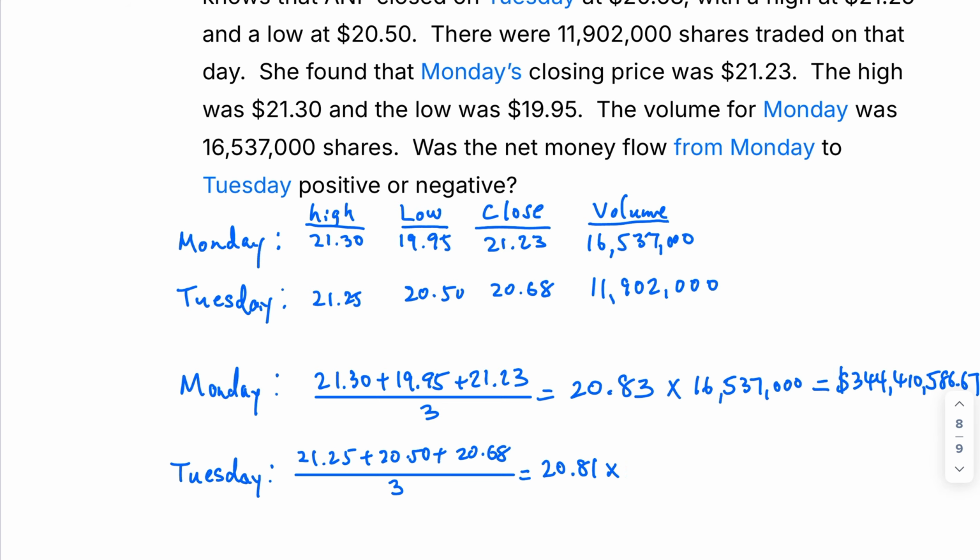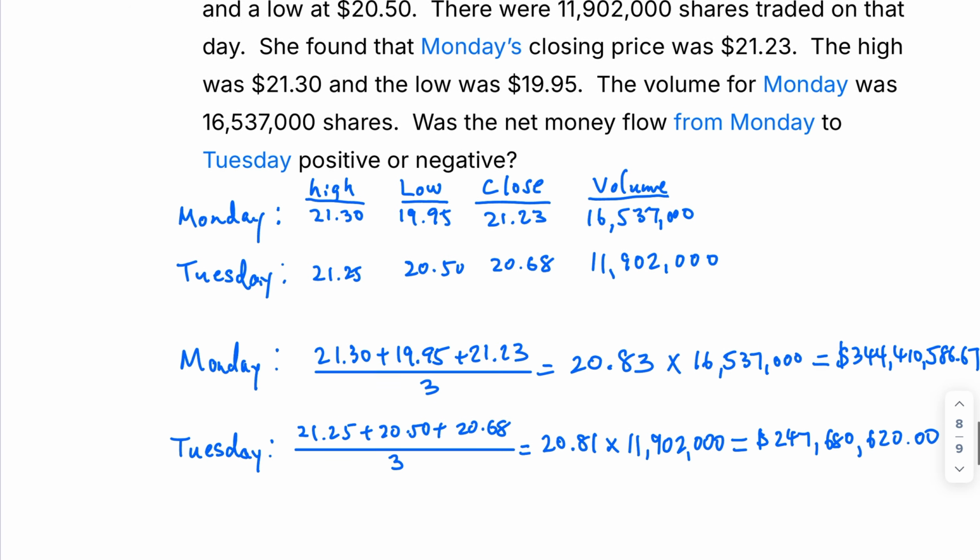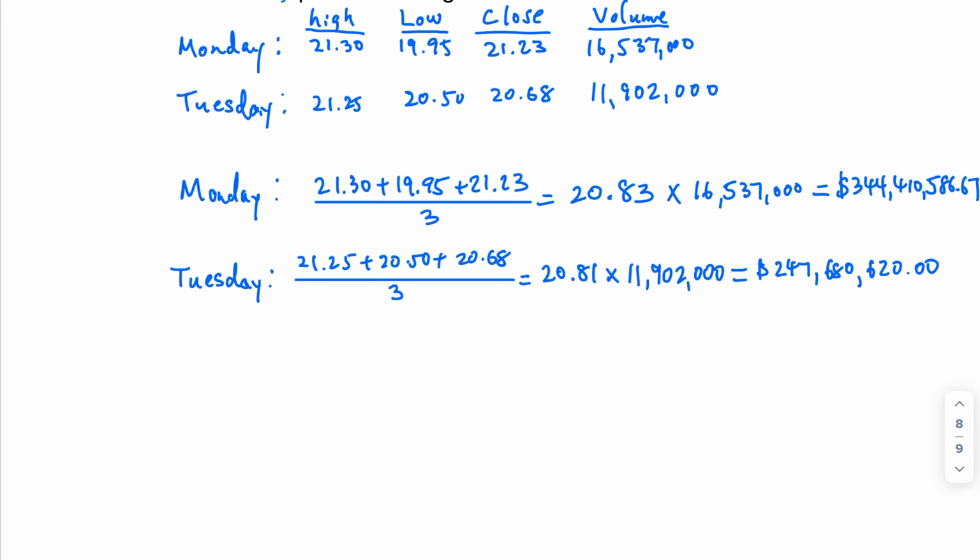It's 11 million. This is why it's important to write this out, because it's easy to mix the numbers up. So we're going to multiply that out, and the total money flow for Tuesday was 247,680,620, and that's even.